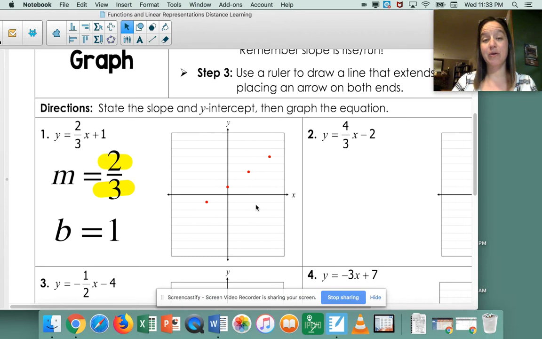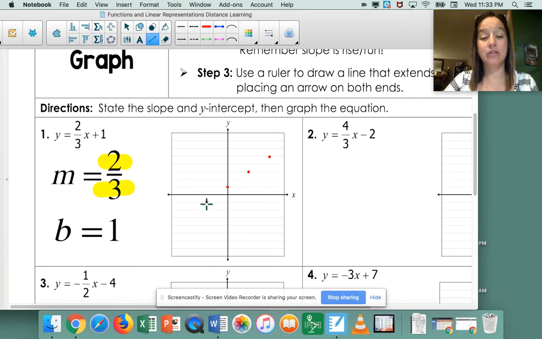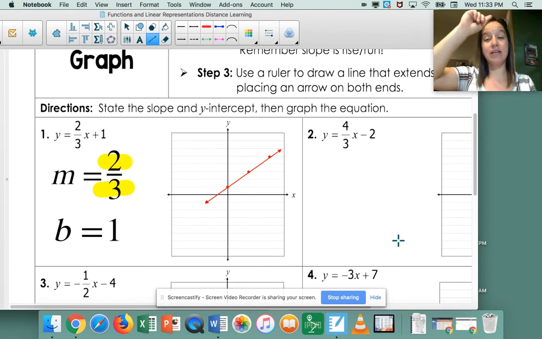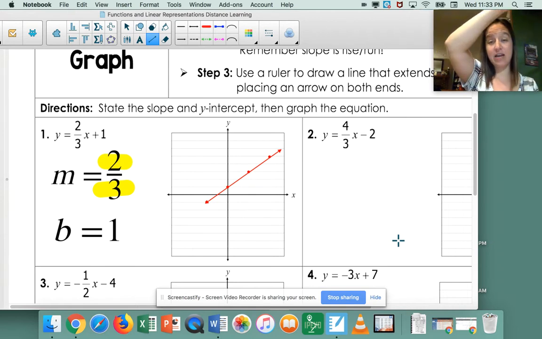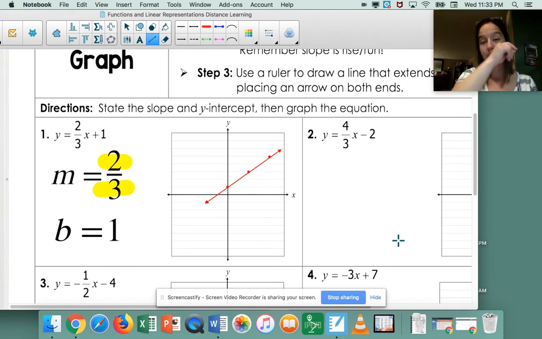Once I have about 3 points, I go ahead and make my line, connecting all my dots, and I've just graphed my line. So I plot my y-intercept point, then I do my rise over my run, the 2, 3, 2, 3, 2, 3. It's like you're making stairs.